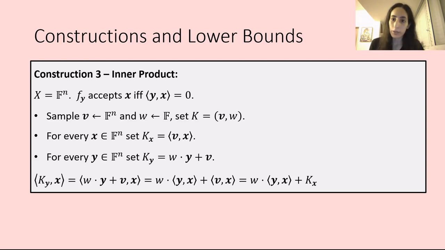So if the inner product of y and x is 0, then this mask will be 0, and I'm fine, I can learn k sub x. But if it is not 0, then the w element and its uniformity guarantees that I will end up with a value that looks completely random. So we get exactly the correctness and the security properties that we need.